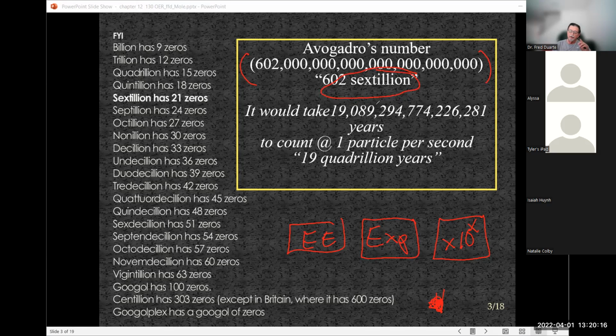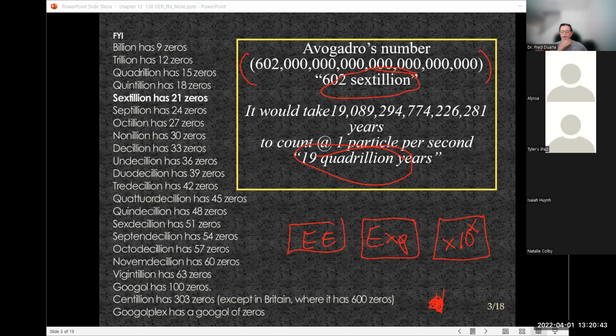Now, to give you a perspective on how large this number is, if you were to count one particle, one number per second, 1, 1001, 2, 1002, 3, 1003, etc., it would take you roughly 19 quadrillion years to get to the end of that number.